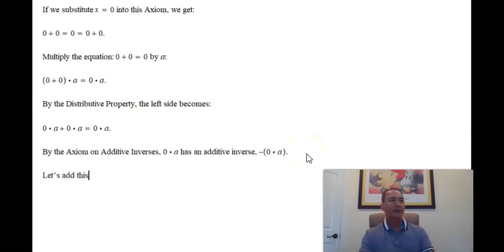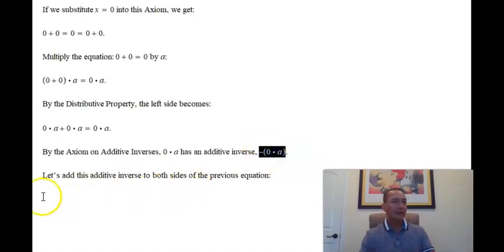Let's add this additive inverse to both sides of the previous equation. So we get negative 0 times a plus the quantity 0 times a plus 0 times a equals the negative of 0 times a plus 0 times a.